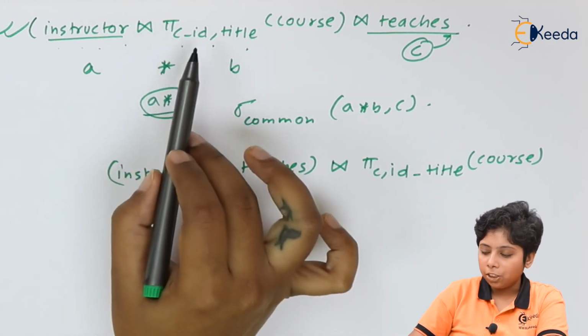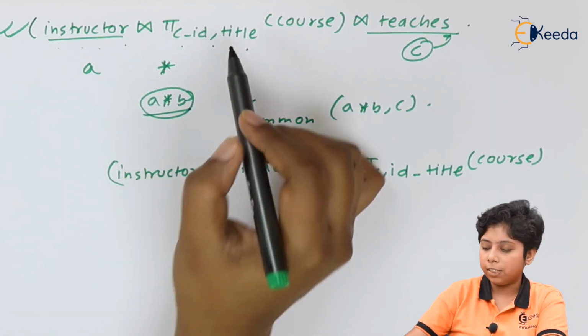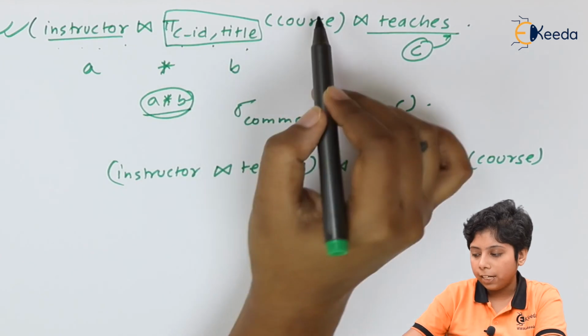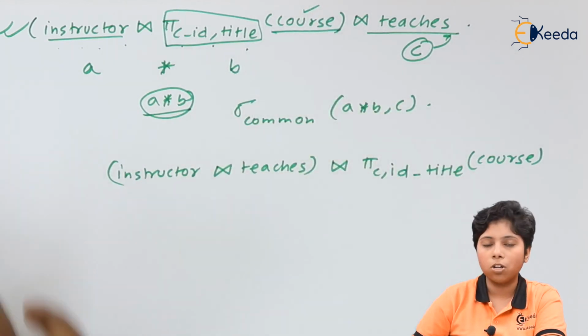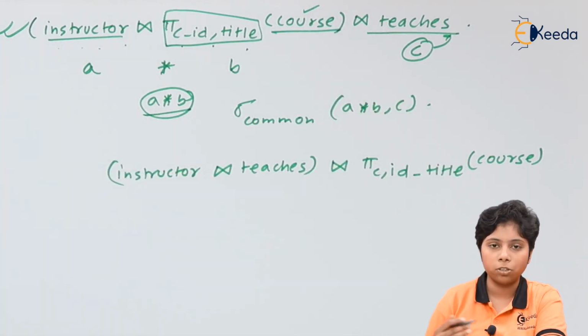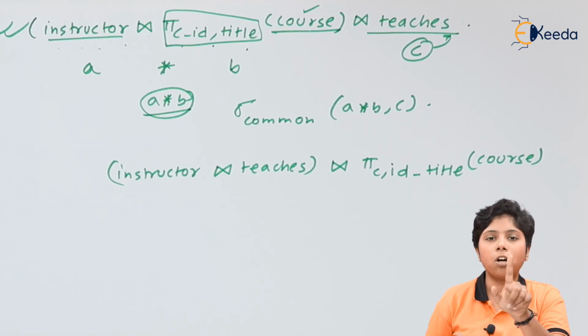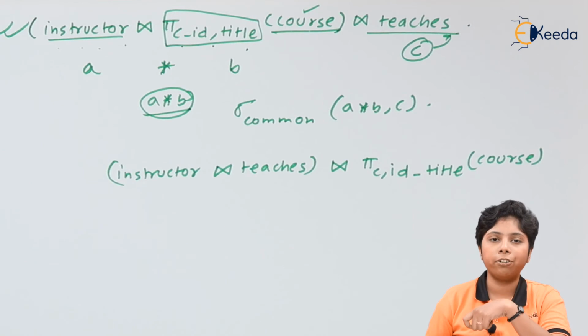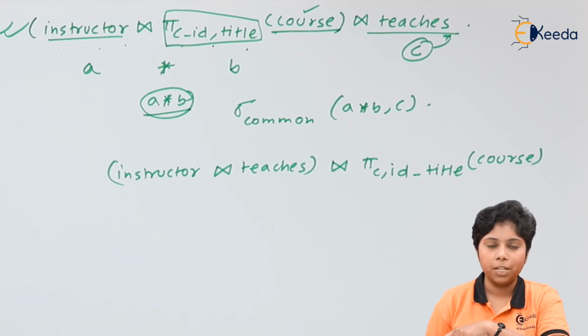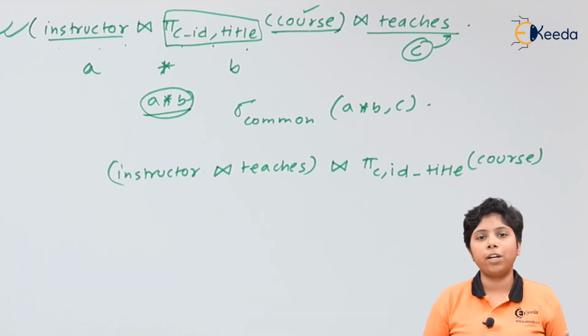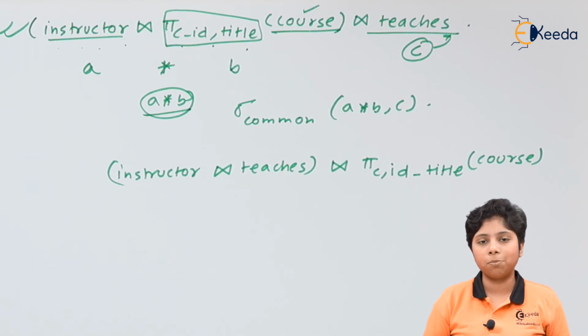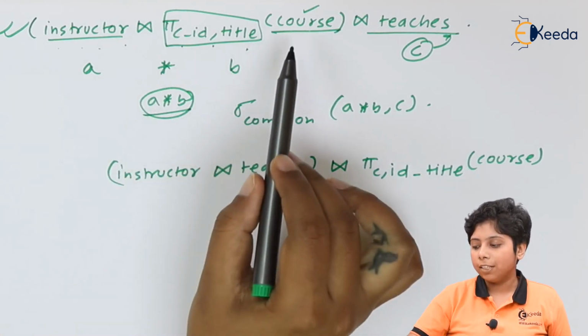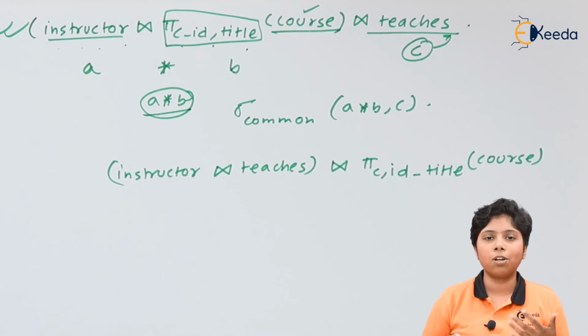Now the projection of course ID and title, if it is not mentioned here, is absolutely fine, because course has also got department and instructor has also got department. So there is at least one common attribute which can reduce the number of attributes in the resultant relation. So not only the order of the joining, the order of the attributes also matters when we have the course with the instructor or the instructor with the course, depending on the projection on a specific attribute case.